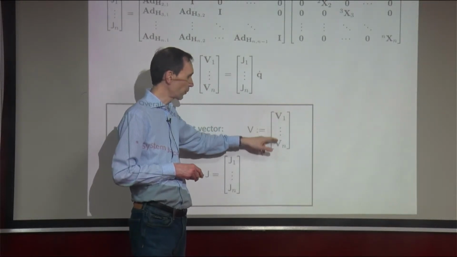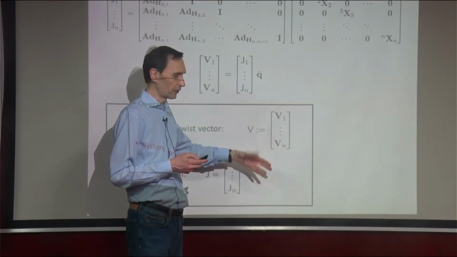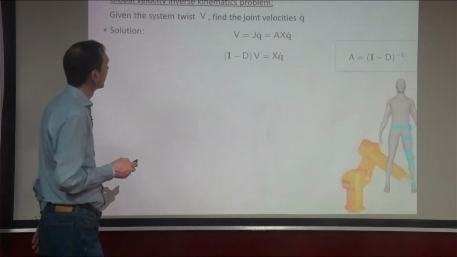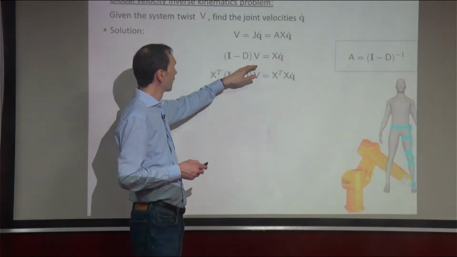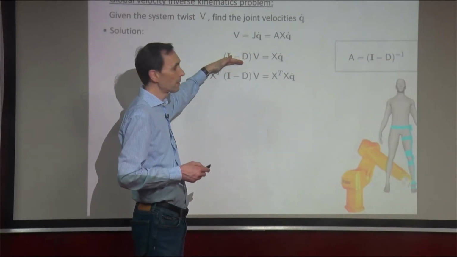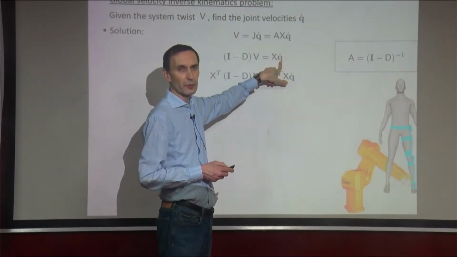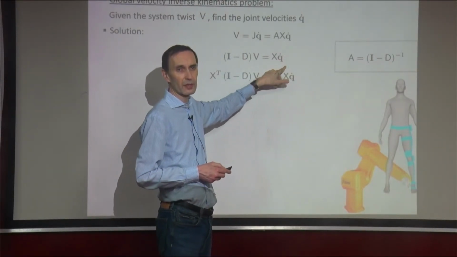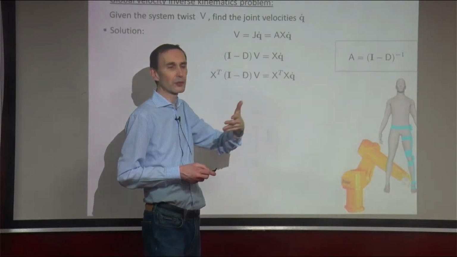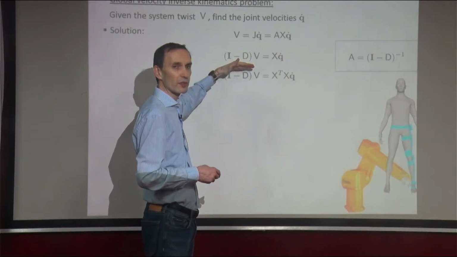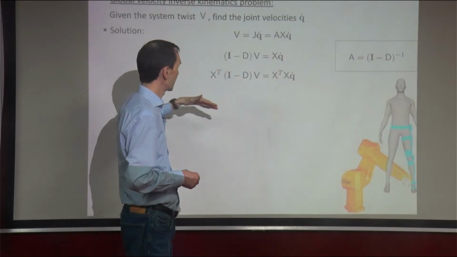So it's 6 times n, or n times 6, whatever. So we have 6n equations for n unknowns, because the q dot has n components, and I would like to compute the n components from the 6n equations.